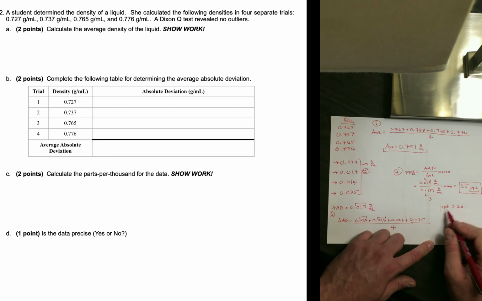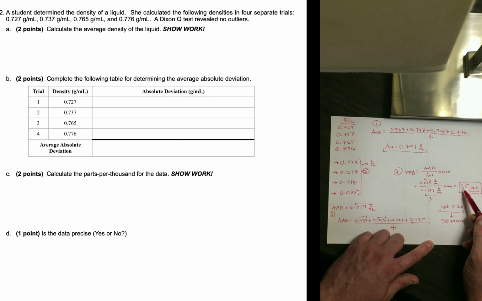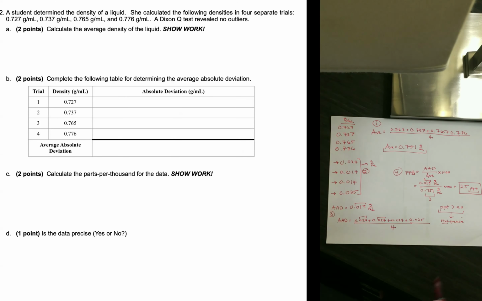And so we have to conclude that based on this, our data is not precise. Okay, not. Because we got 25, which is greater than 20. And the further you get past 20, the greater the number is, the less precise the data is. The smaller this number is that you calculate, the more precise the data is.